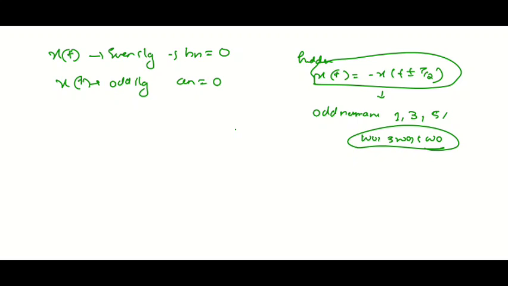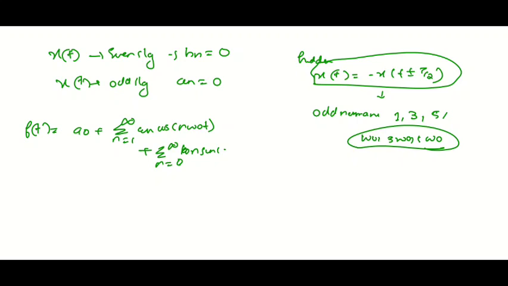Okay, and now let's see what is the relation between this trigonometric Fourier series and the exponential Fourier series. So f of t, we know that it is equal to a0 plus sigma n is equal to 1 to infinity an cos n omega 0 t plus sigma n is equal to 1 to infinity bn sin n omega 0 t.